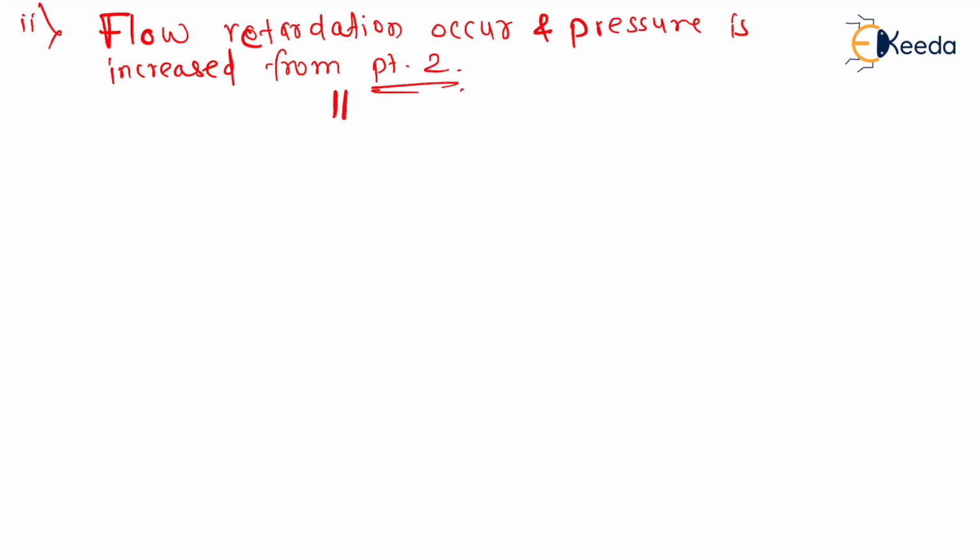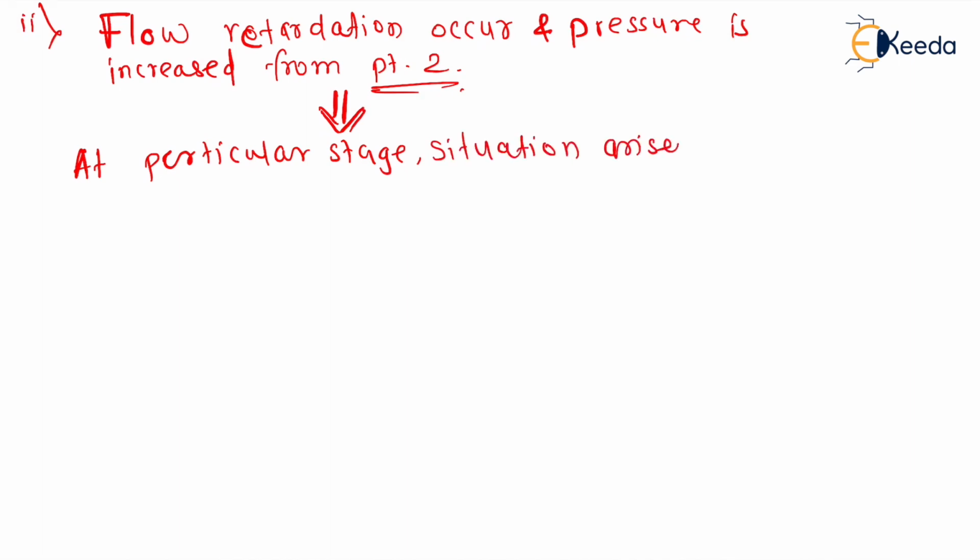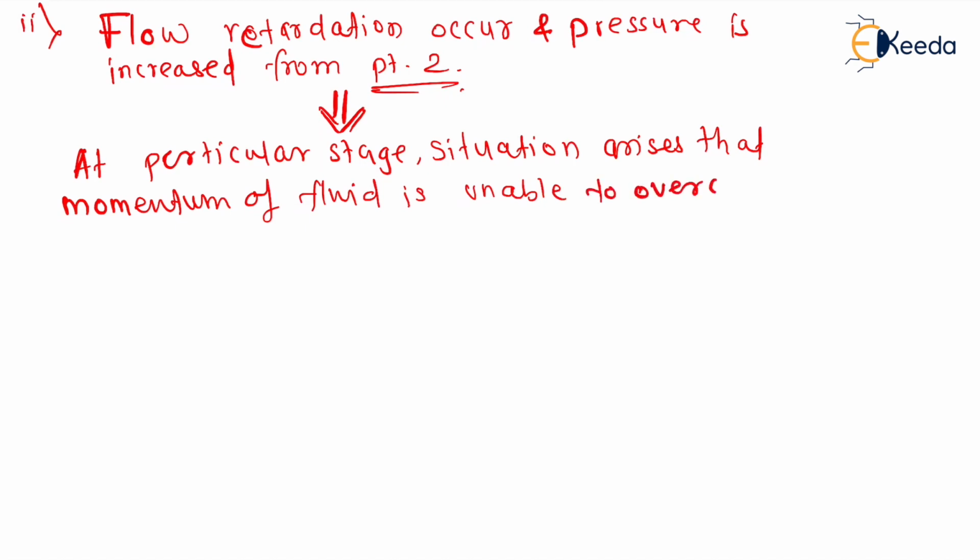If it continuously occurs, then at a particular stage a situation arises that momentum of fluid is unable to overcome surface resistance.